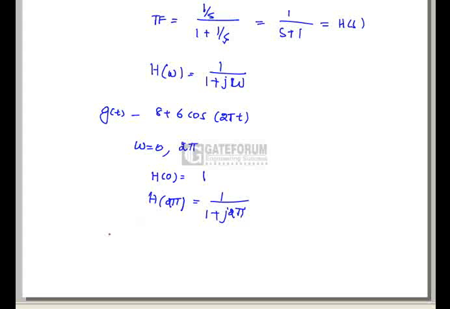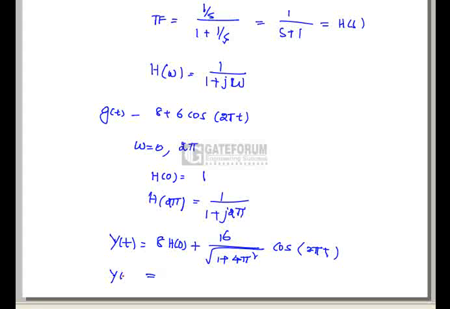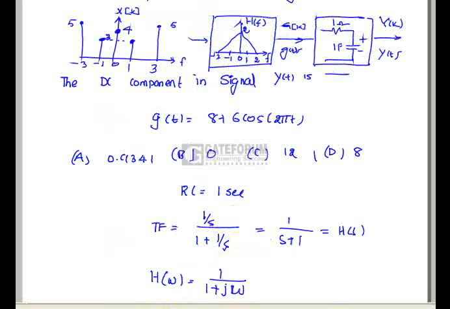So y of t equals 8 H of 0 plus 1 by square root of (1 plus 4 pi square) times 6 cos of 2 pi t. Here the DC component present in y of t is 8, which is option D is correct.